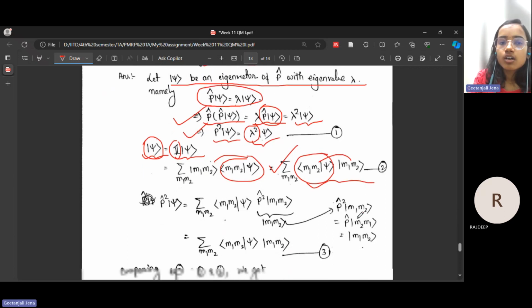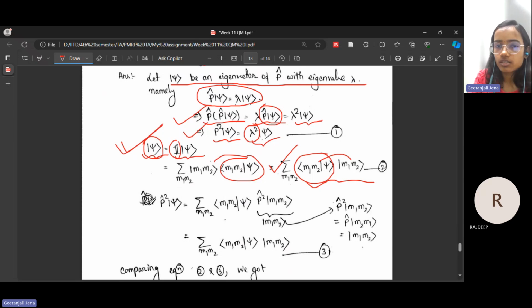Now let us see, when we have psi like this, how this psi will change when P squared acts on it. When P squared acts on it, this constant will remain unchanged because it's only a constant. Then only P squared will act on m1 and m2. So what will happen?